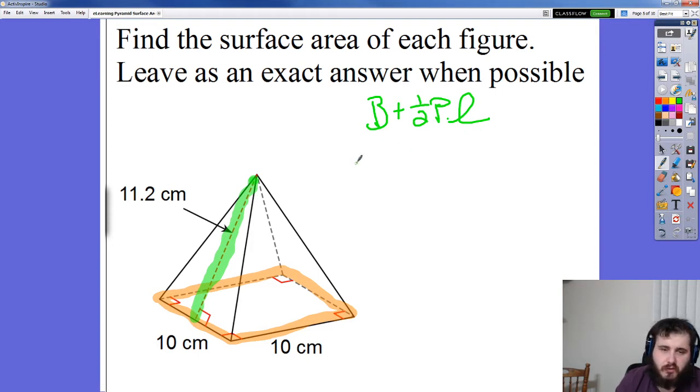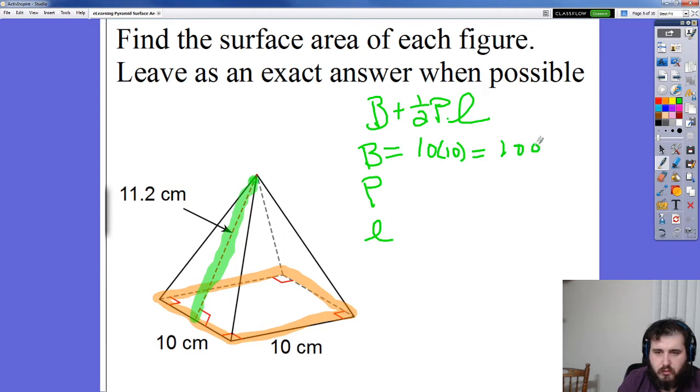You'll be fine. So let's find the area of the base, the perimeter of the base, and the slant height. Area of the base, well, the base is a square, right? It's 10 by 10. Base times height, or side squared, you get 100.